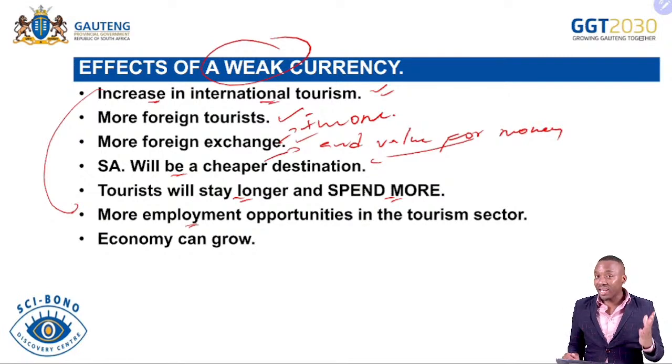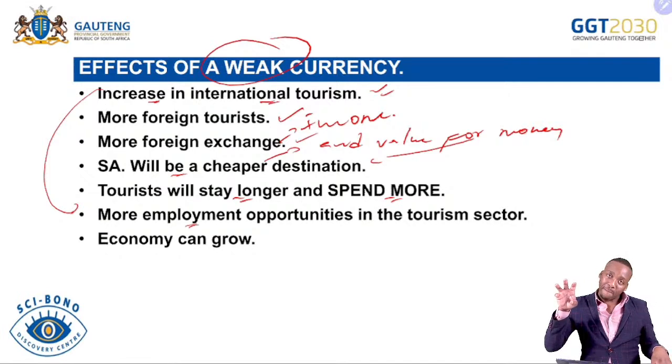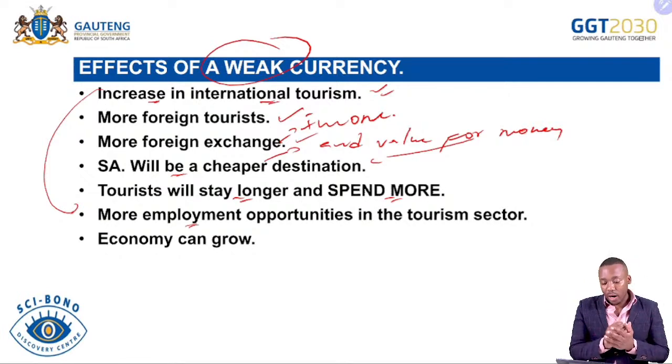You should know what is currency fluctuations and so on. By now, you should also know what you mean by a weak currency and also what you mean by strong currency. By now, you should also know the effects or the consequences of a weak currency and also a strong currency. You should also know how to interpret the foreign exchange graphs or the foreign exchange tables, because I gave you those tips.